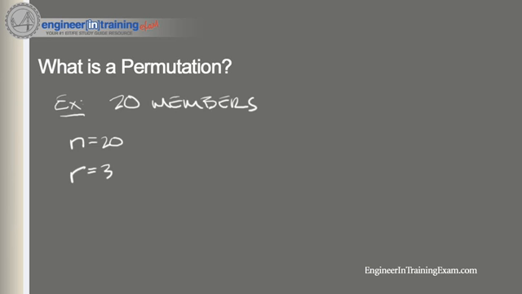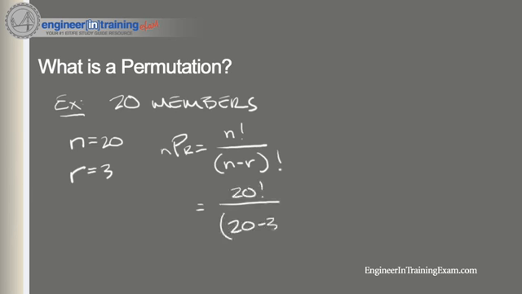So once again, all we need to do is take our standard permutation equation. We've got nPr is equal to n factorial divided by n minus r factorial. And we know that n is equal to 20, and we know that r is equal to 3.